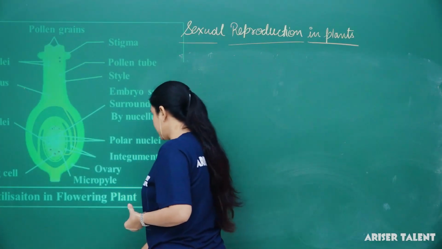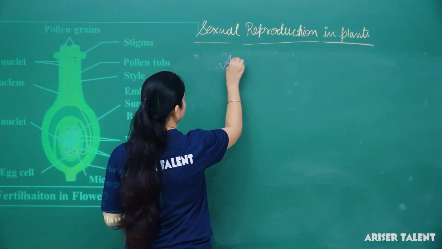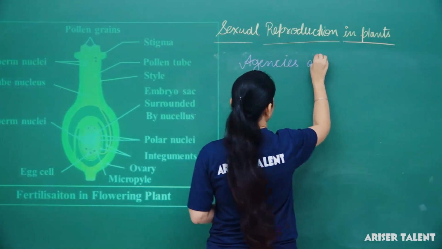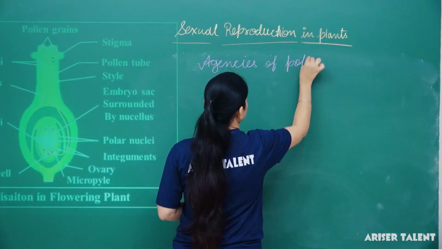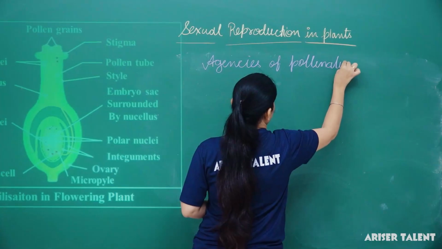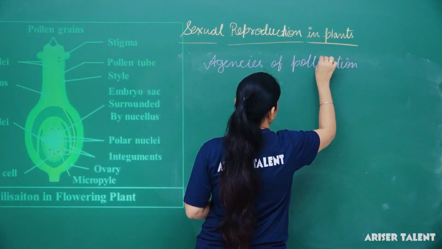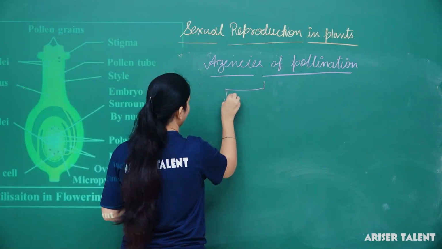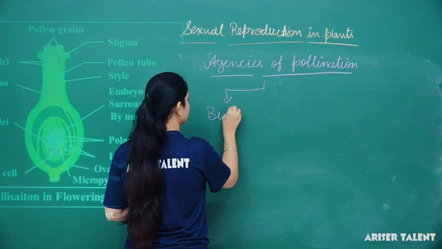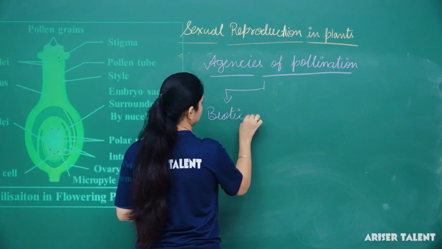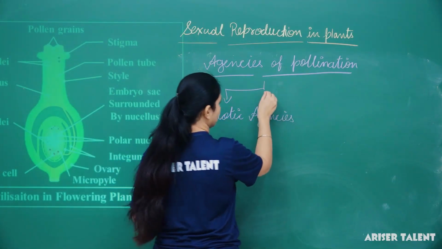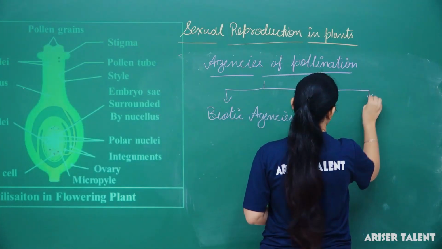Or we can write agencies also. Agencies of pollination. Generally, it is of two types, biotic and abiotic.